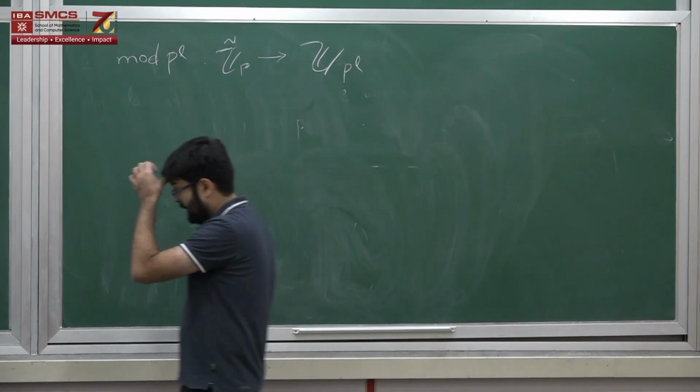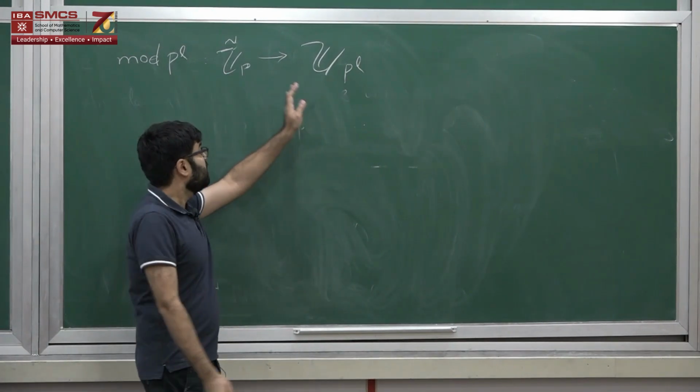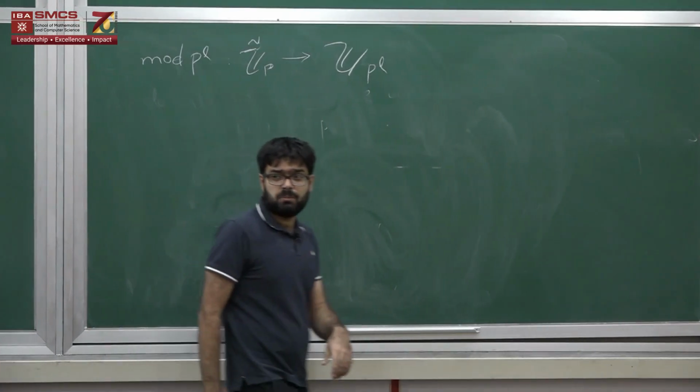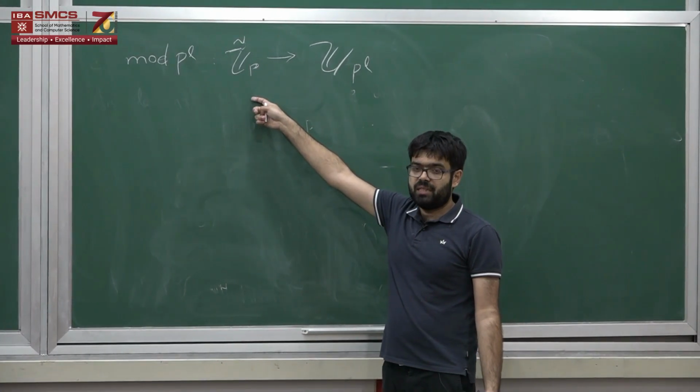And we have almost, not almost, exactly constructed this Z tilde p as the largest subset of rational numbers on which this map makes sense.